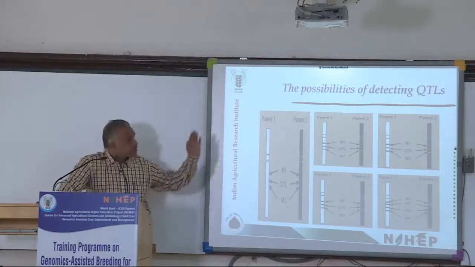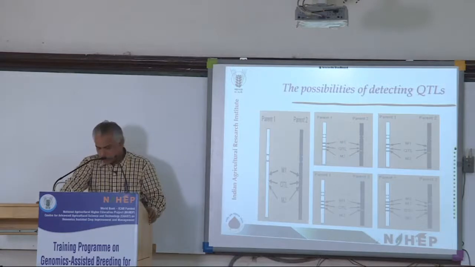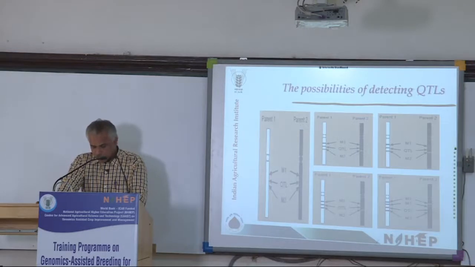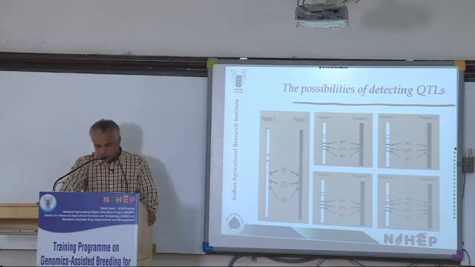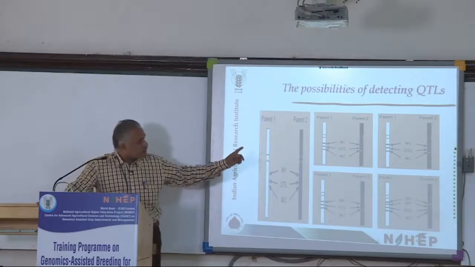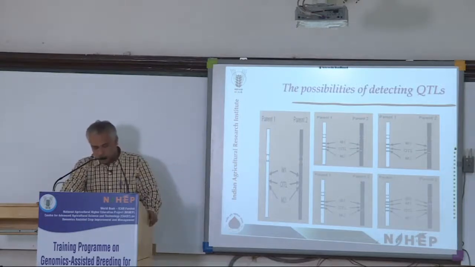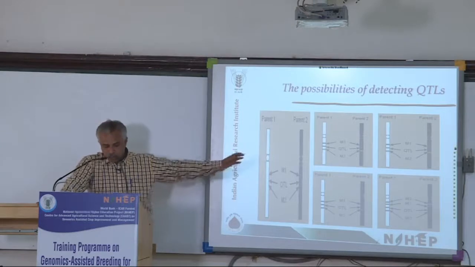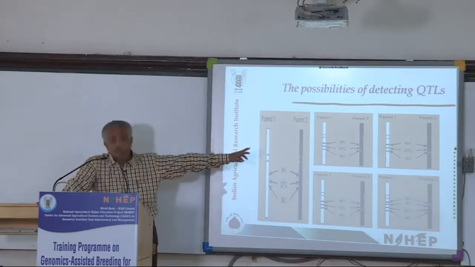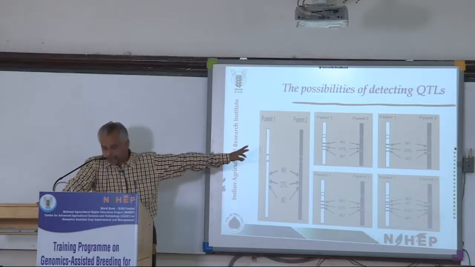Now, if you take the second case, you have the QTL in between the markers, and M2 is monomorphic. So in this case, the identification of the QTL will come only with marker M1.